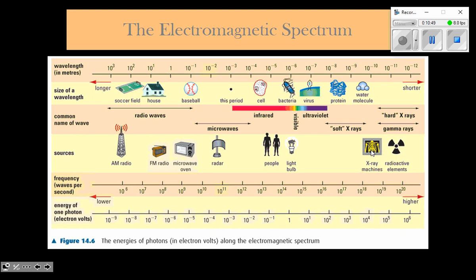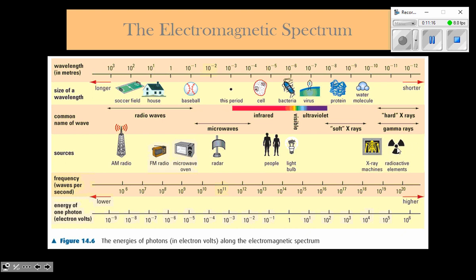Yes, especially if a woman is pregnant, or for a little baby who can have their healthy cells ionized by these X-rays. For a normal adult, they can have a certain number of X-rays in a year and not generally have any problems at all. And then we get into the gamma rays. Gamma rays: extremely high energy, extremely high frequency, very, very short wavelength.